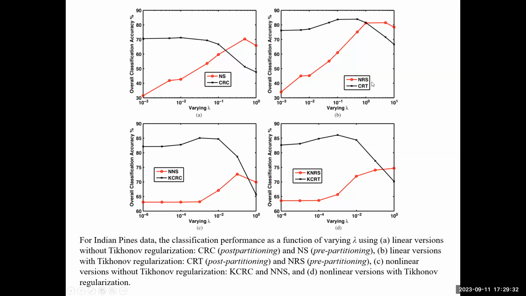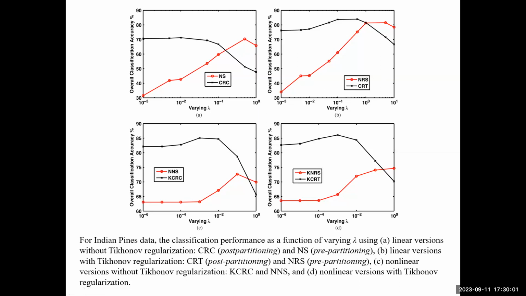And then there are NRS and CRT, which use this Tikhonov regularization. NRS is the pre-partitioning and CRT is the post-partitioning, and the highest performance is very similar. However, if we do the kernel nonlinear version, then it looks like the post-partitioning will do a much better job than the pre-partitioning.